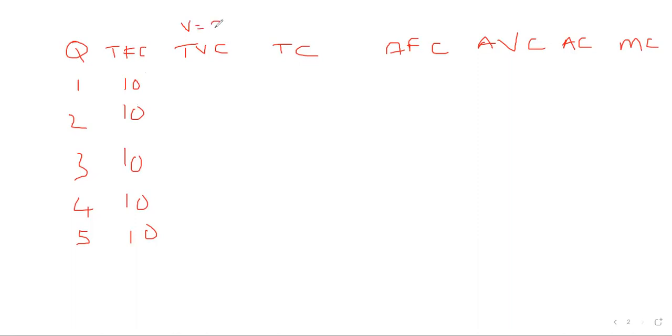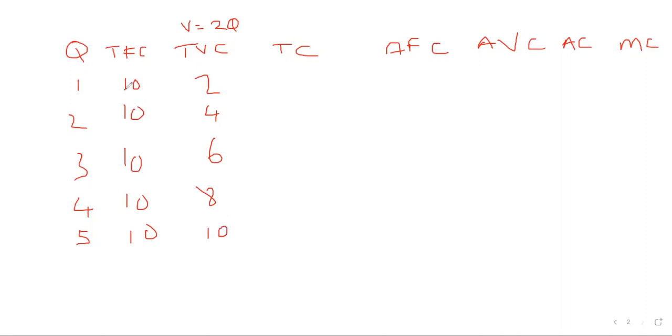Maybe 2Q. So here, where there's Q, we're going to put a 1. So 2 times 1 is 2. Here, where there's Q, we're going to put a 2. 2 times 2 is going to be 4. You're going to put a 3, we're going to have 6. You're going to put 4, we're going to have 8. You're going to put 5, we're going to have a 10.